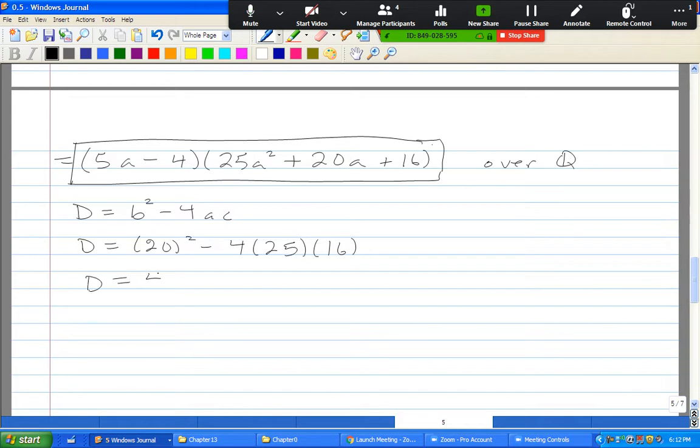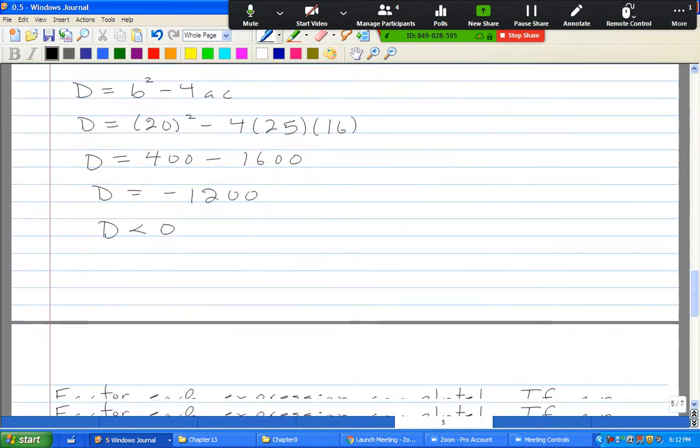And so D is 400 minus 4 times 25 is 100 times 16 is 1600. So D is equal to a negative 1200, which is less than 0.